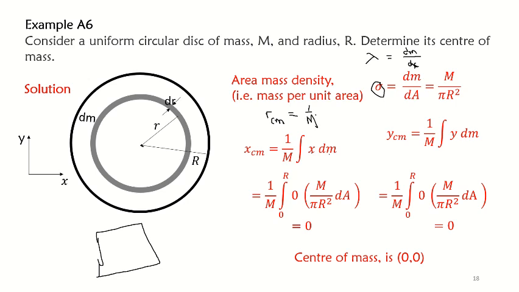We have 1 over capital M integral of r dm. Okay, so r dm. That means at the center r is 0, and the limit is from 0 to r. So if you solve, you're going to be at 0.